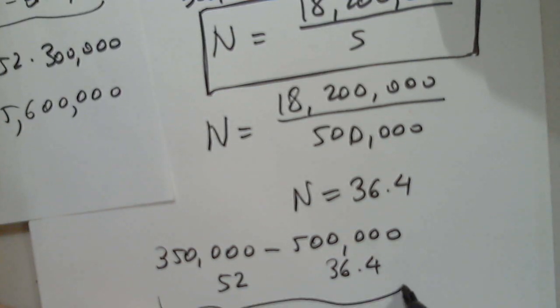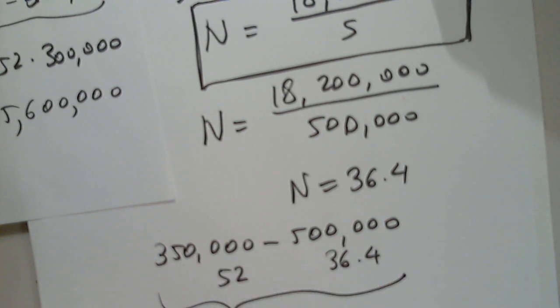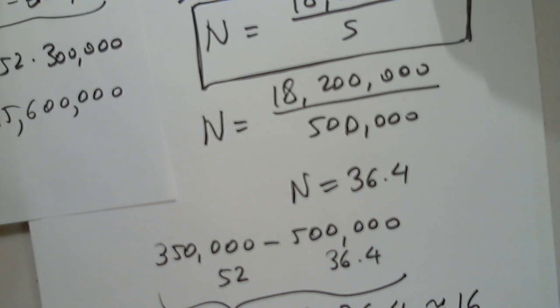So what will be the estimate now of the number of cities with a population between 350, which are 52, and 500,000, which is 36, is the 52 minus 36.4. And they're asking us to round this. I don't need a calculator. So 52 minus 36 is approximately 16. It's not. It's 15.6. So that's what we have to enter. Because they want us to round, what do they say? Round to the nearest whole number as needed.